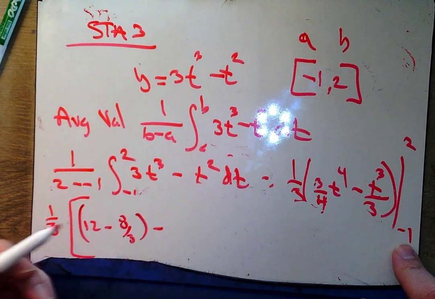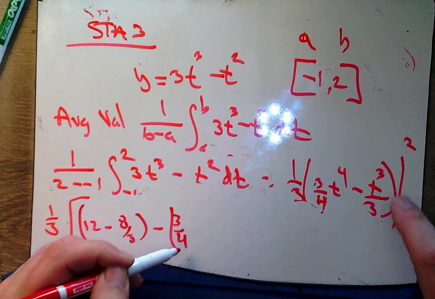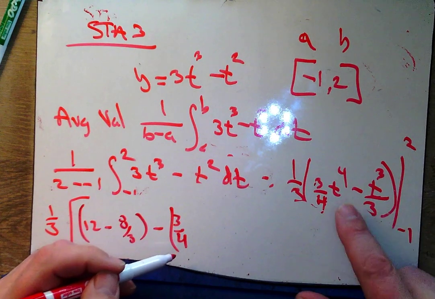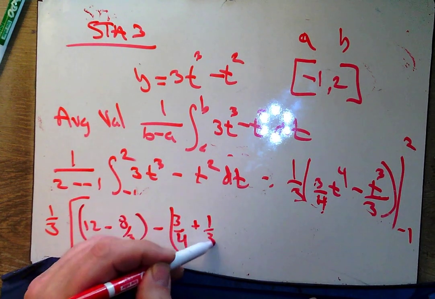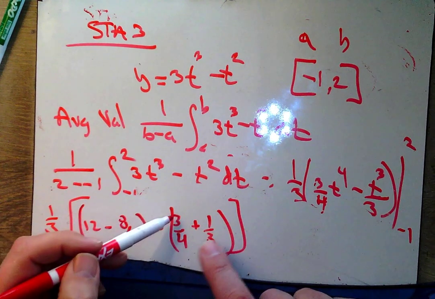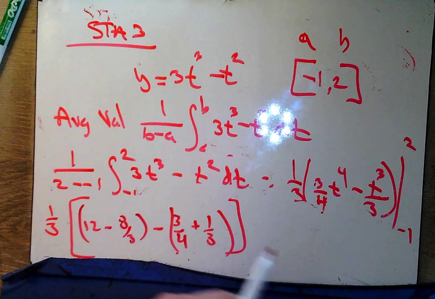Minus, now to plug in the -1. That's going to be a positive 3/4, but -1 times -1 times -1, -1/3 times a negative is plus 1/3. Okay, so if I make a common denominator here, I have 9 plus 4, which is 13/3.